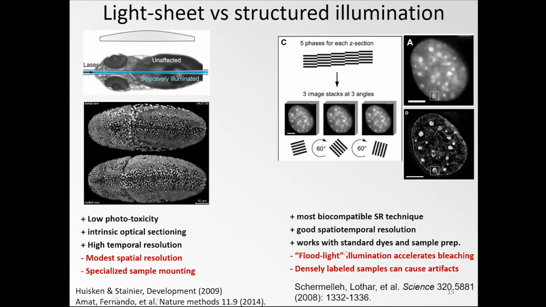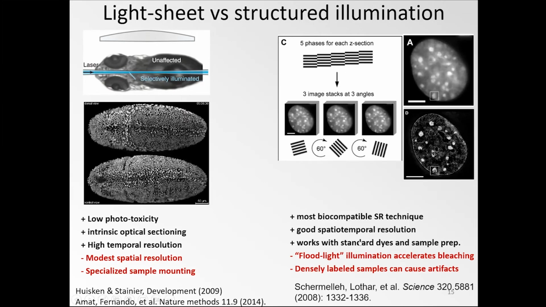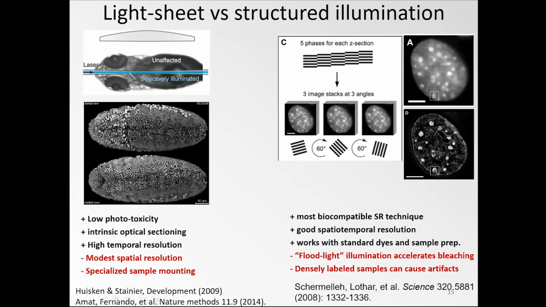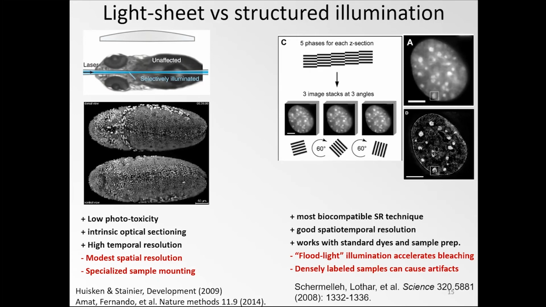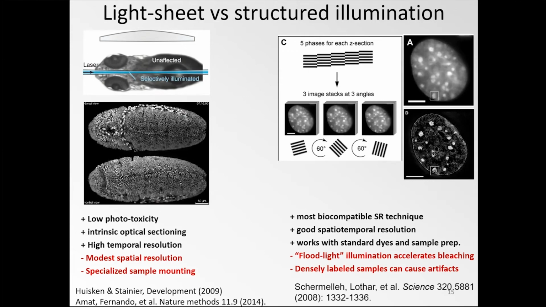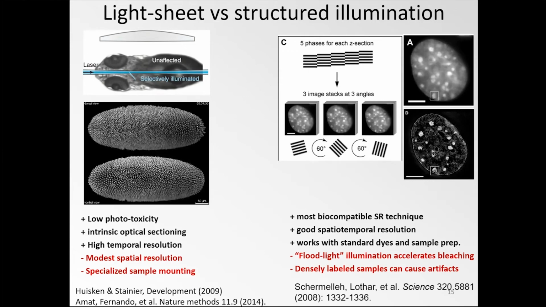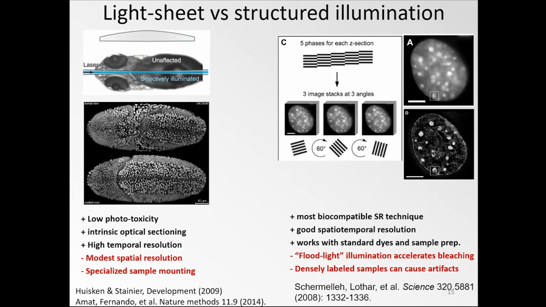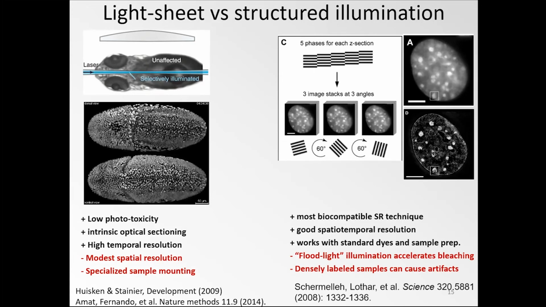But in its nature, if you image a 3D sample, it essentially illuminates everything. So what we said before, what we actually don't want for the photon budget, because we excite fluorophores above and below the focal plane. So we essentially waste those excitations.